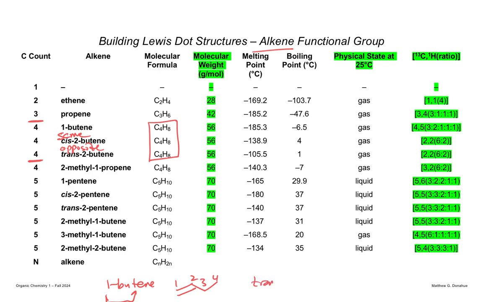So I'm going to draw trans-2-butene. So I have 4 carbon atoms. The 2 is telling us the pi bond starts at carbon 2. Now what does the trans mean? If you look at just the pi bond between carbons 2 and 3, each of those has a CH3 group and then an H. Let me draw cis-2-butene.